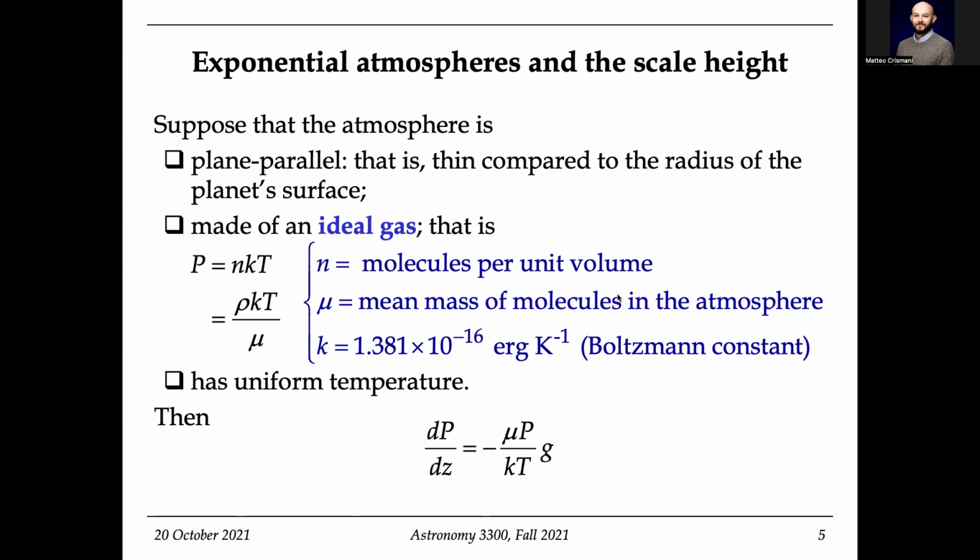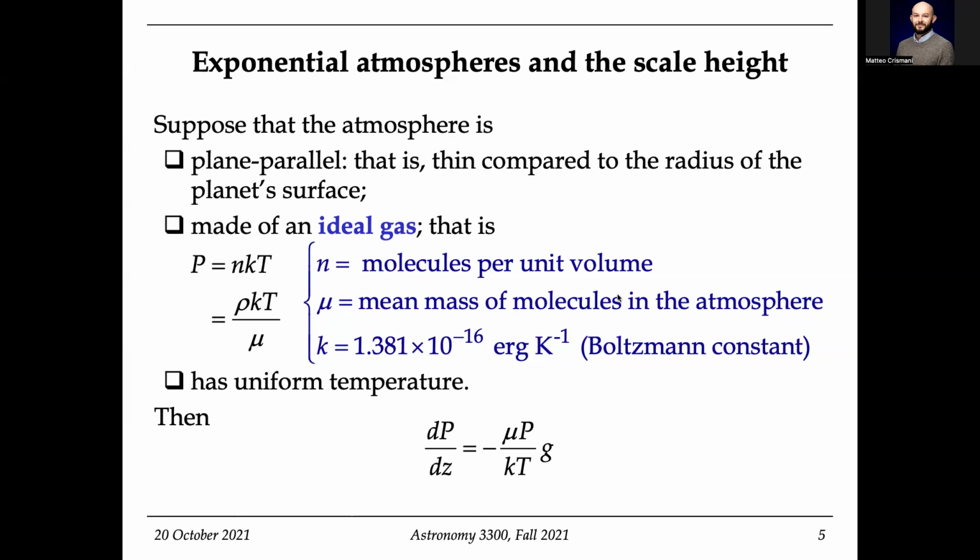If we use this and we assume uniform temperature, then we can solve this. But let's first take this gas law. I'm going to drop the mu.